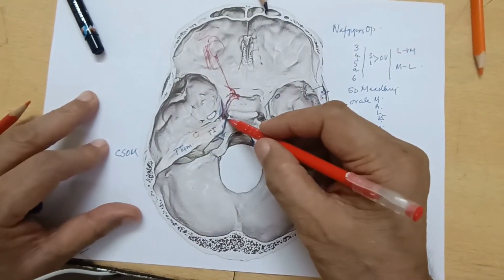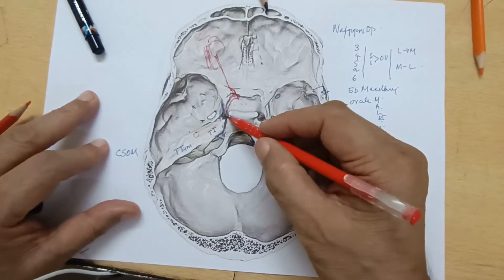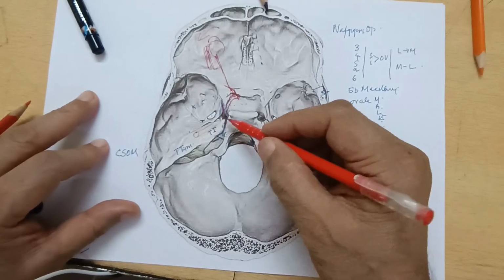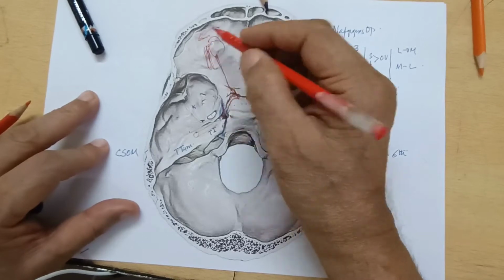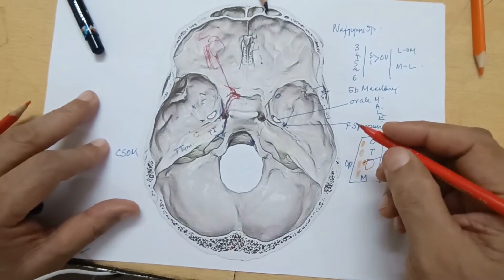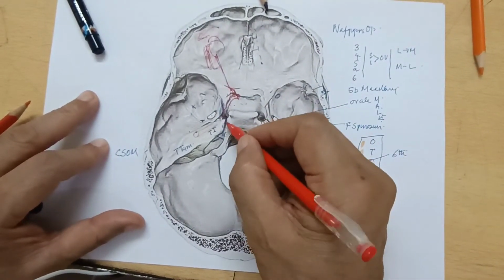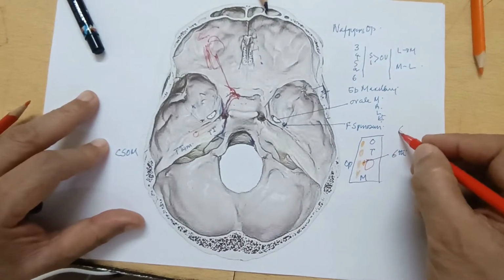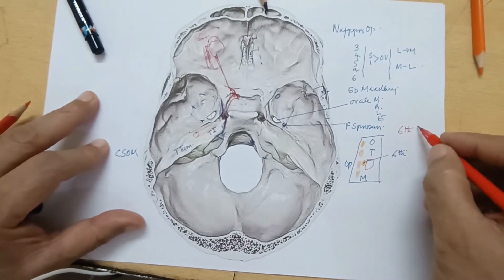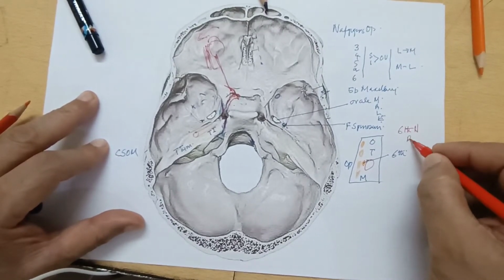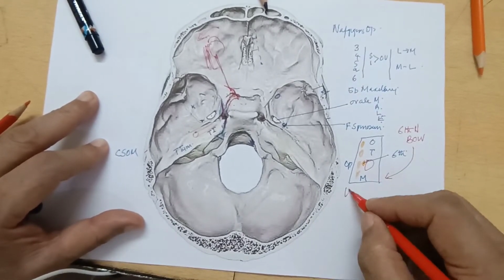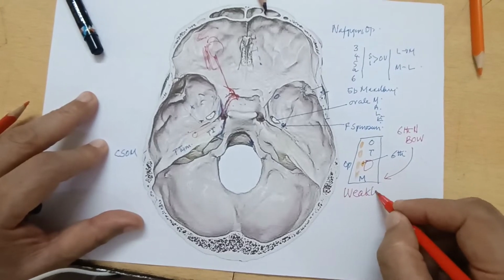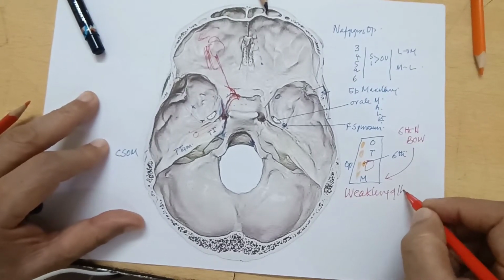So at this bend of Wolff, this nerve is involved in head injury, and you lose the lateral deviation of the eyeball. And that's why this 6th nerve at the bend of Wolff is called the weakling of the cranial cavity.